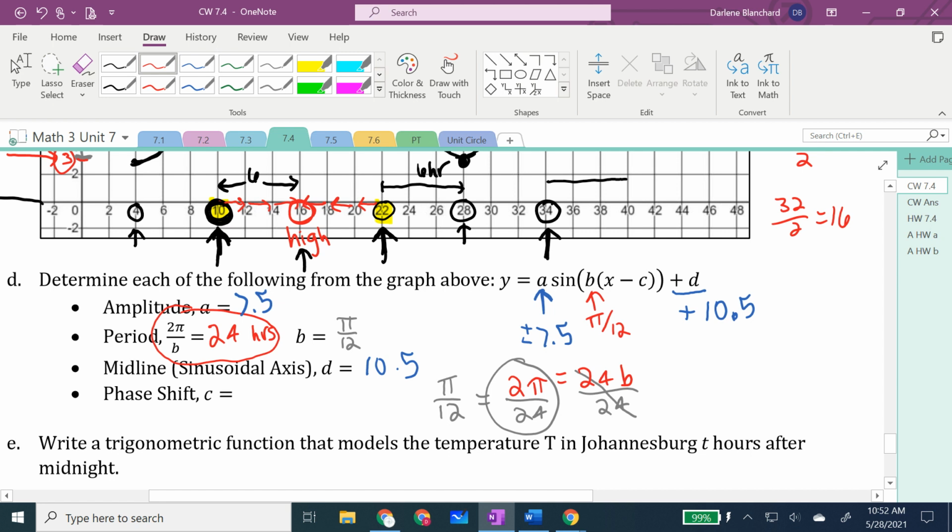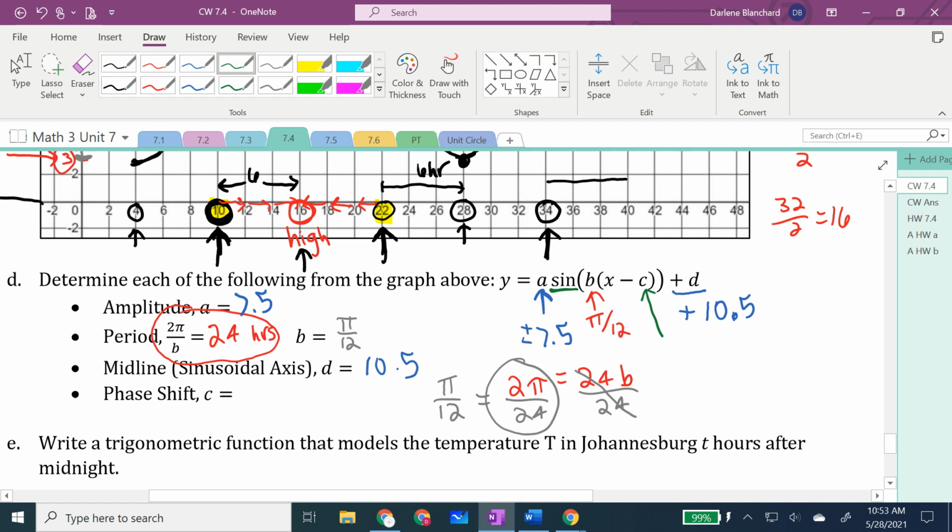And then my c number. The thing about c is you can choose to start your cycle at different moments. If we're going to use sine, that means we need to look at a time when we're at our midline.